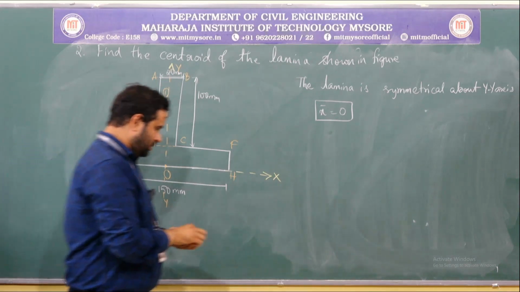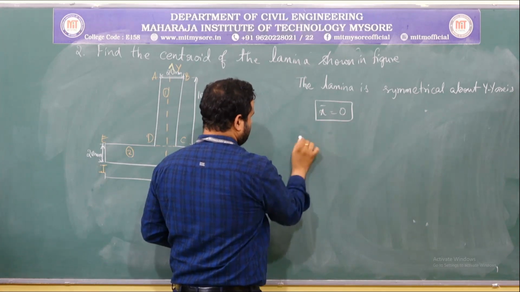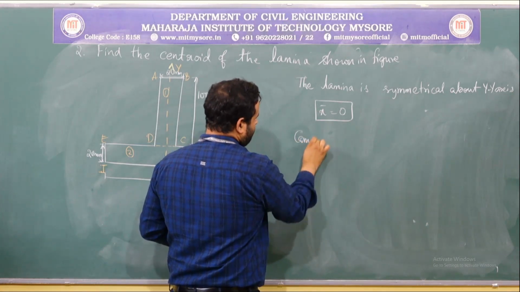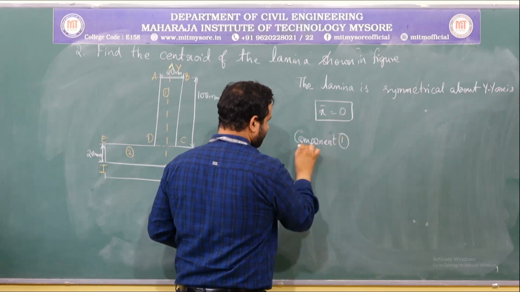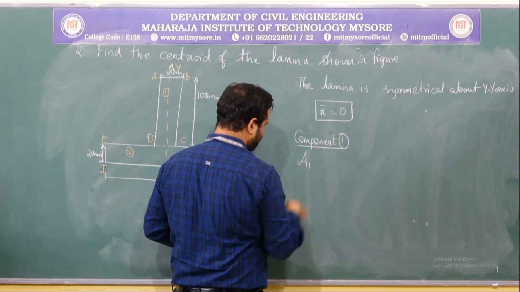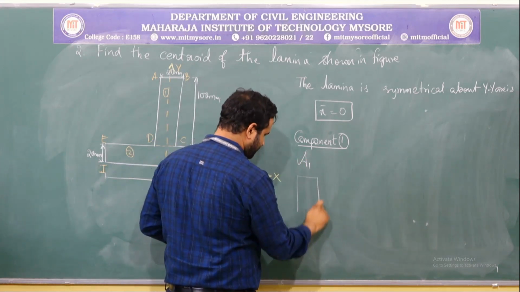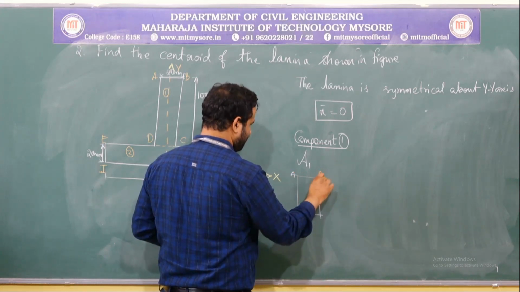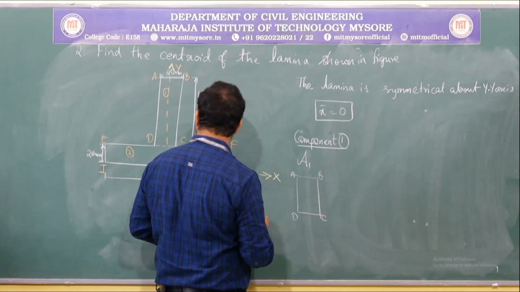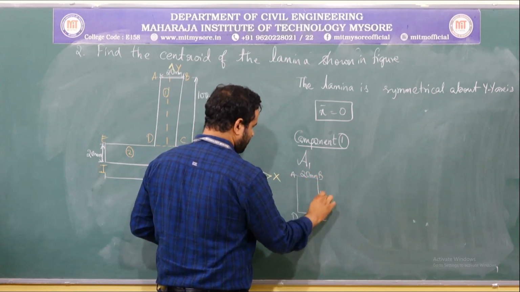Now writing component 1, area A1. To write area A1, let me plot the figure, which is A, B, C and D, and also the dimensions 20 mm and 100 mm.